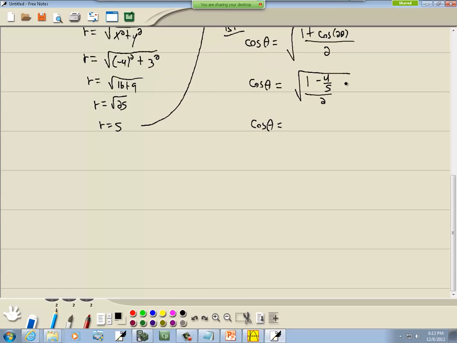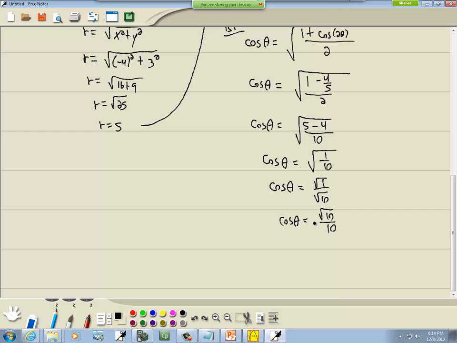I could multiply everything by 5, so I multiply the 1 by 5, and that gives me 5, minus, I multiply the 4/5 by 5, and that just gives me 4, and I multiply the 2 by 5, and that gives me 10. So we've got cosine theta is equal to the square root of 1 over 10, which is square root of 1 over square root of 10, which gives us square root of 10 over 10.